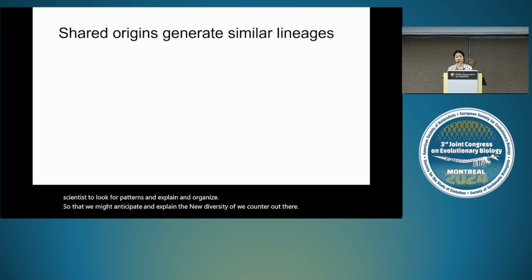And I think historically, there's been two organizing principles in trying to explain this diversity of life. One is that we know that shared origins may generate similar lineages. So we might organize and explain the diversity because organisms are more closely related.